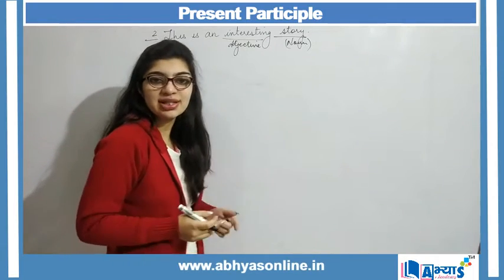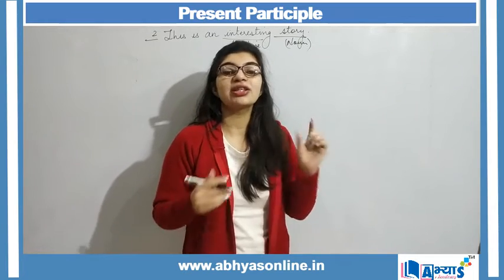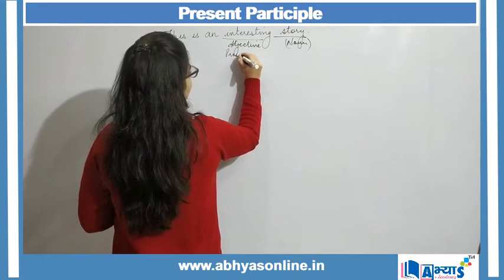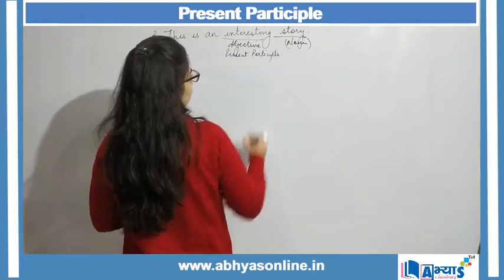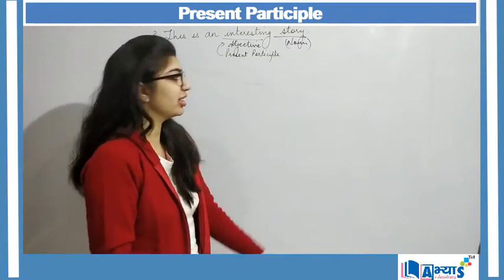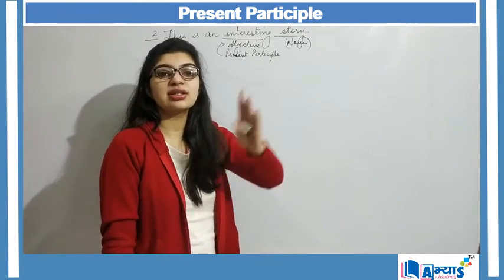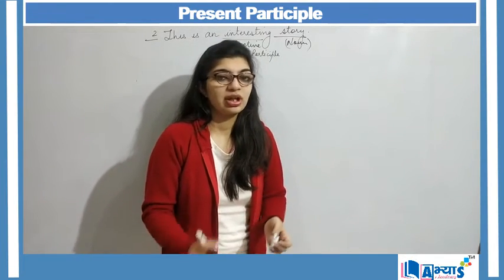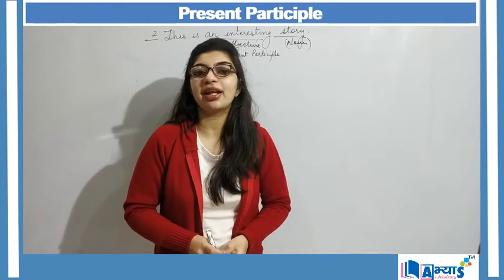Since interest is a verb and interest plus ing, that is verb plus ing, is my present participle. So this is also my present participle tense. So this is again an example of the usage of present participle as an adjective. Why adjective? Because it describes the story. A story is considered to be interesting, which means that interesting is my adjective. Now this was where present participle can be considered as an adjective.